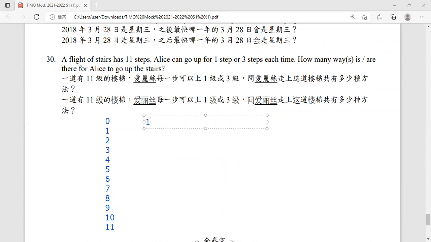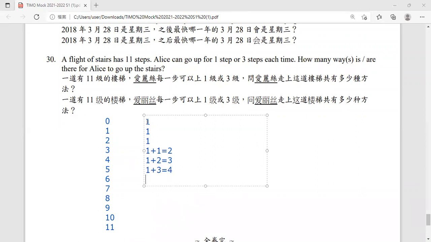We have one method, one, but this is one of the steps. So this is 1 plus 1, which is equal to 2. So this one will be 1 plus 2 equal to 3. The way of doing it is just adding the last one and the last third one. So this will be 1 plus 3, which is 4.